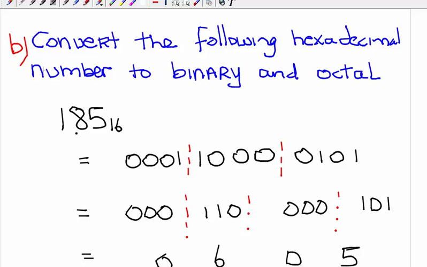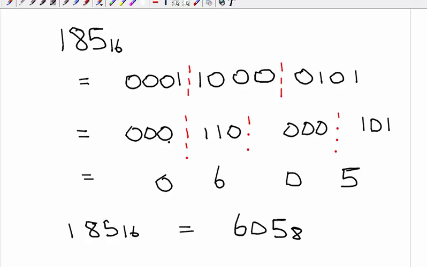The next one is 185 to the base 16. In binary, 1 becomes 0001, 8 becomes 1000, and 5 becomes 0101. Again, we split them into groups of 3. Starting from the right hand side, we have 101, then 000. Let's just double check that. Then we have 110 and then 000.